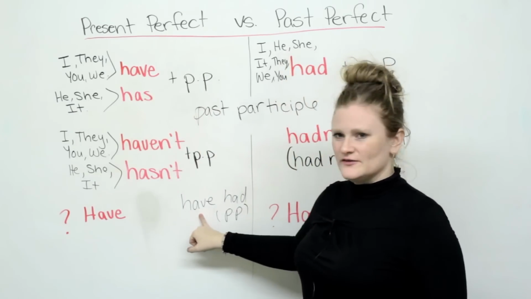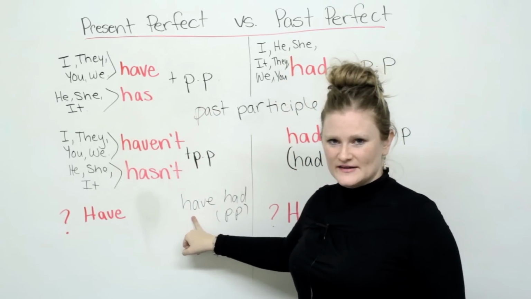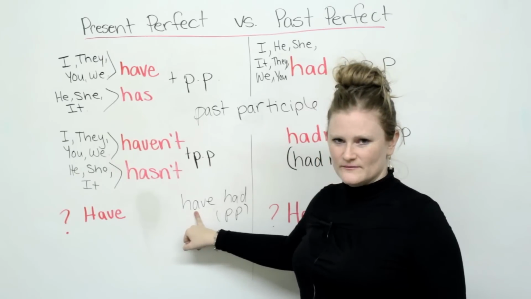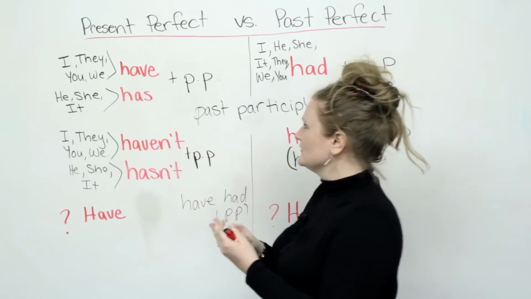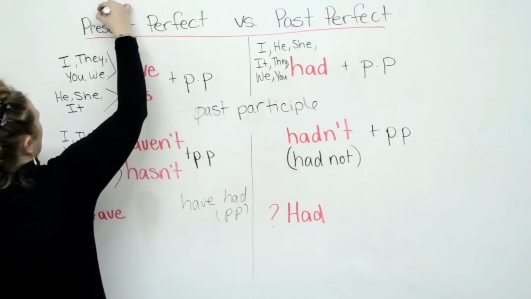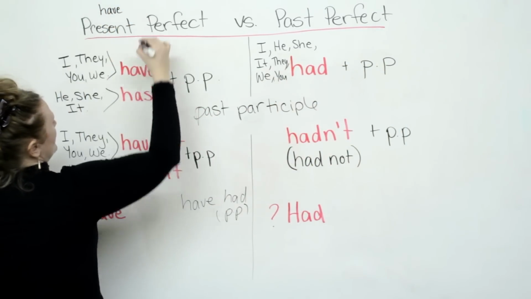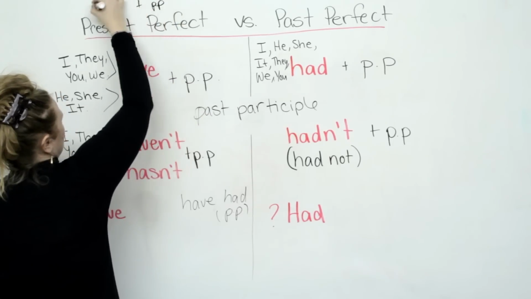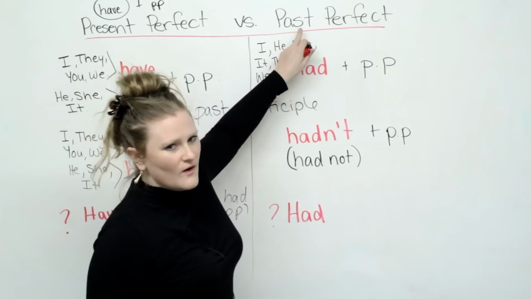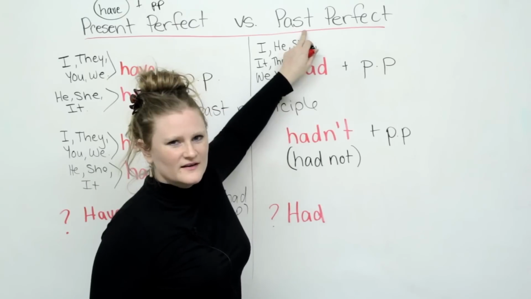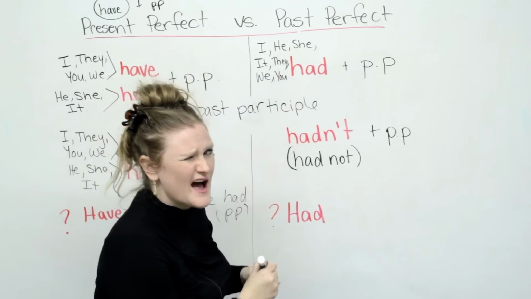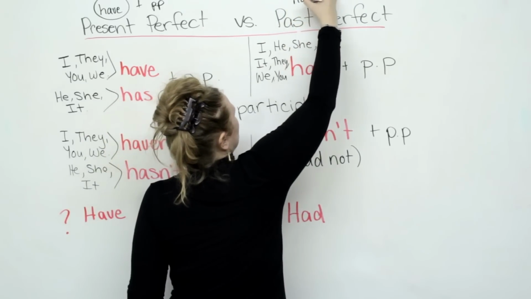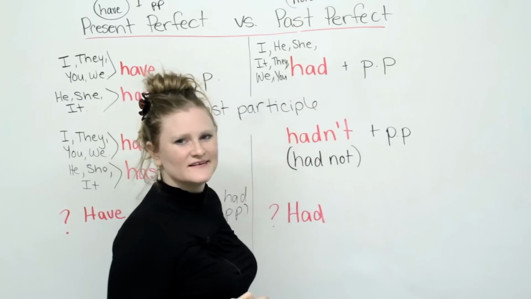So, I asked you, what is the past tense of have? Answer, had. So if you know that the present tense is have plus PP, you're going to go, oh, yeah, okay, hold on. The past tense of have is had.